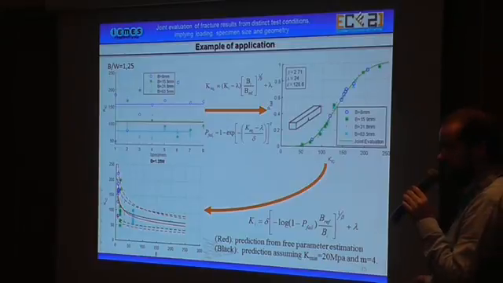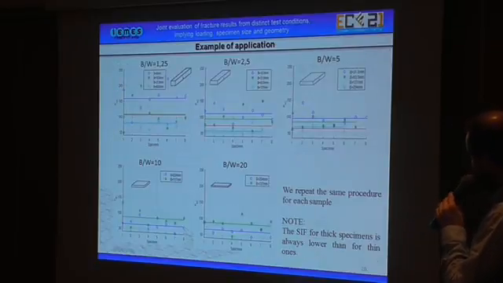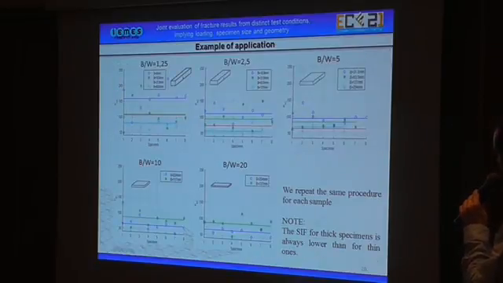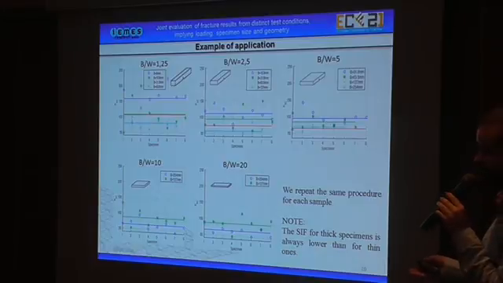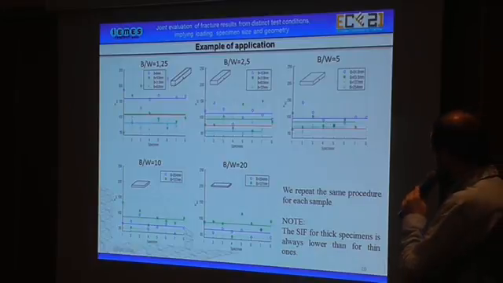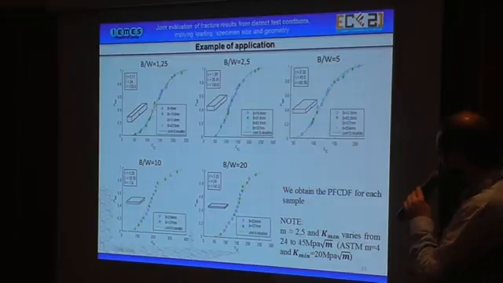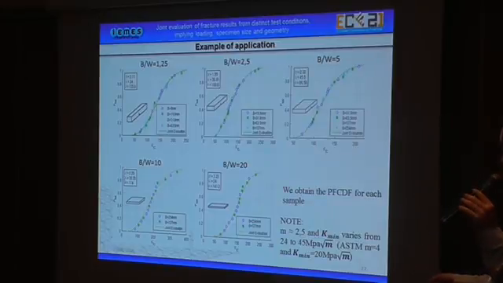black curve is the prediction assuming K-mean equal to 20 megapascals and m equal to 4, which is established by the ASTM standard. We repeat the same procedure for each sample, and for every sample the stress intensity factor decreases with the thickness, obviously, but this influence is only due to the statistical size effect.